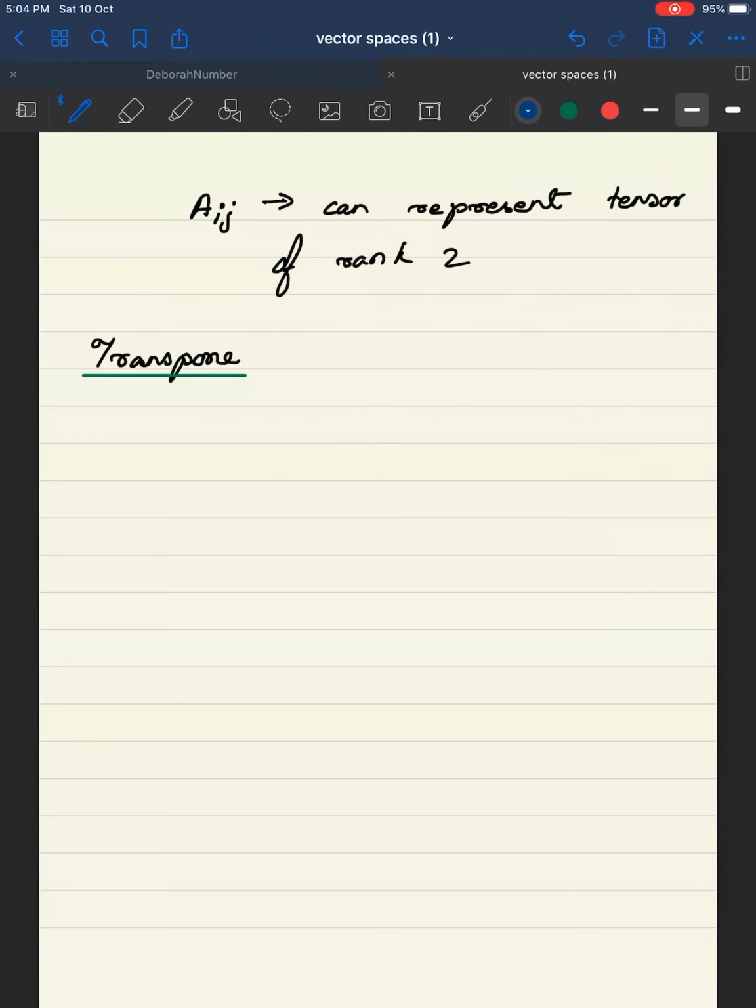This is the transpose of a tensor, and let's say we write the tensor as... I'm just going to write this side first.